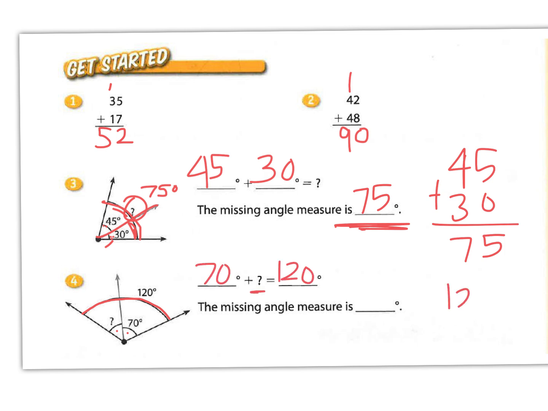So we need to go backwards. We would do 120 minus 70. And then we need to borrow, make that a 0, make that a 12, 50 degrees. So the missing angle right here is 50, because now if we did it, 50 plus 70 equals 120.